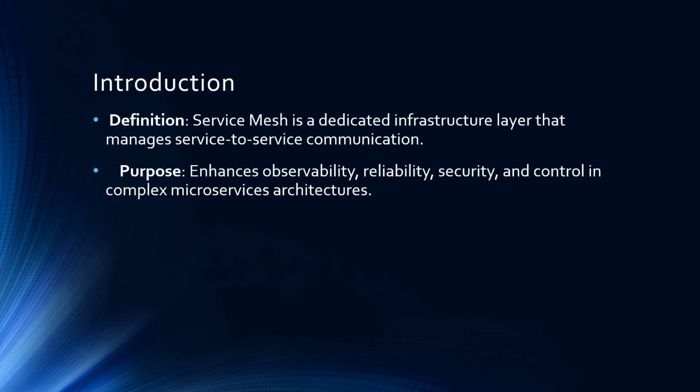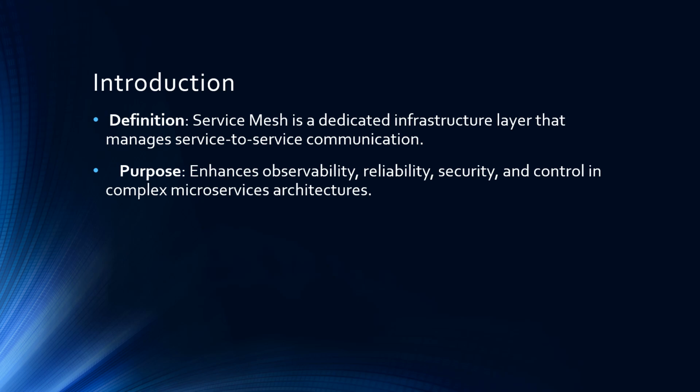Reliability features ensure your services can handle failures gracefully. The service mesh can automatically retry failed requests, implement circuit breakers to prevent cascade failures, and balance load across multiple instances of a service. Security is enhanced through automatic encryption of all service-to-service communication, along with identity-based authentication and authorization.